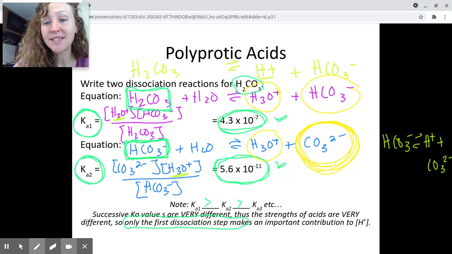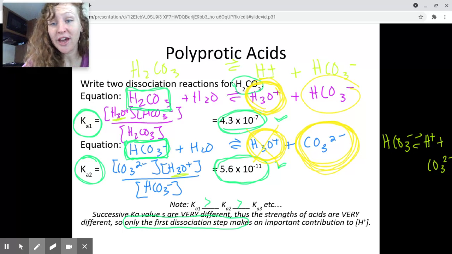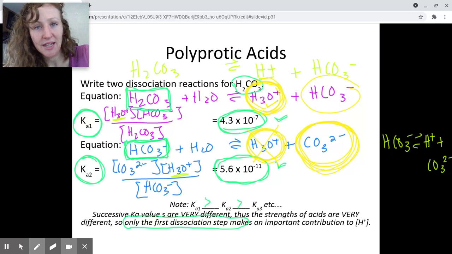And what you'll see is as you calculate how much hydrogen you have from the first ionization and how much hydrogen you have from the second ionization, that you don't get a significant amount of hydrogen from that second ionization. You just don't. All the hydrogen you have is going to come from that first ionization.